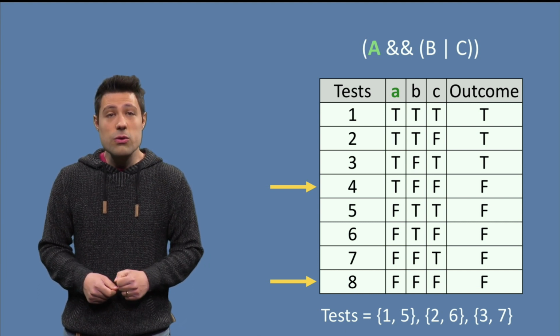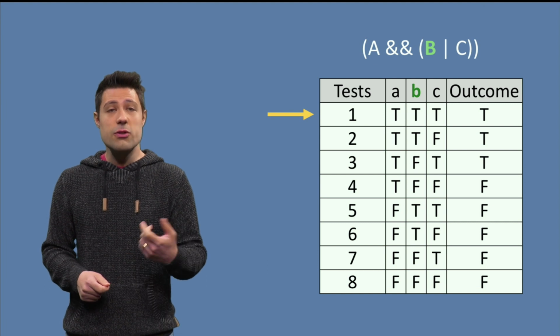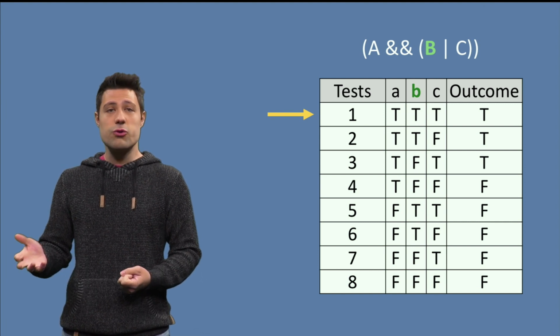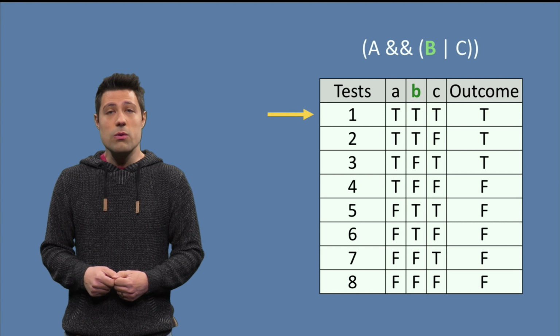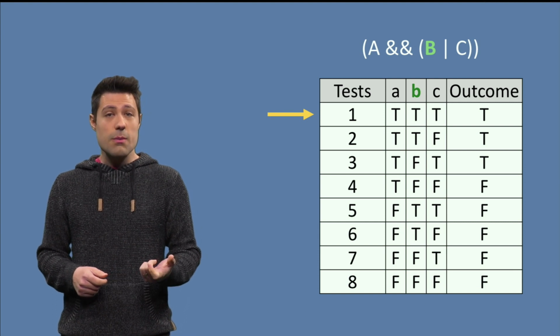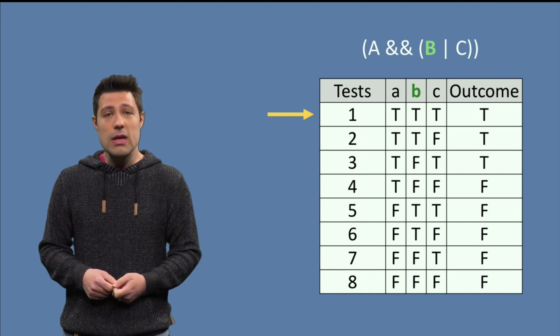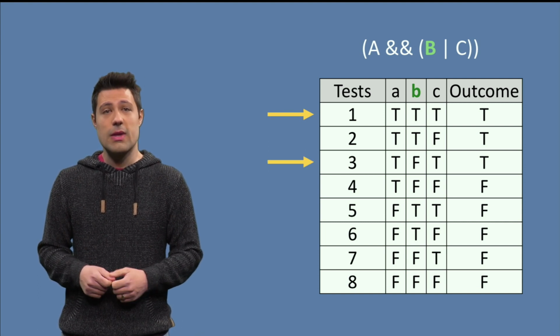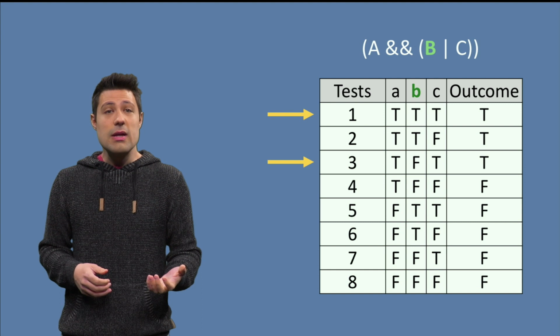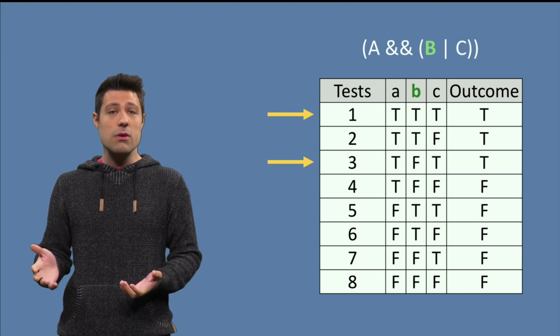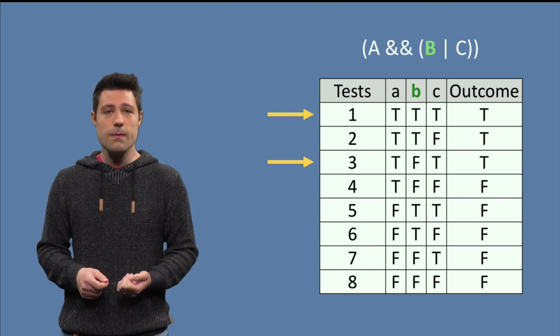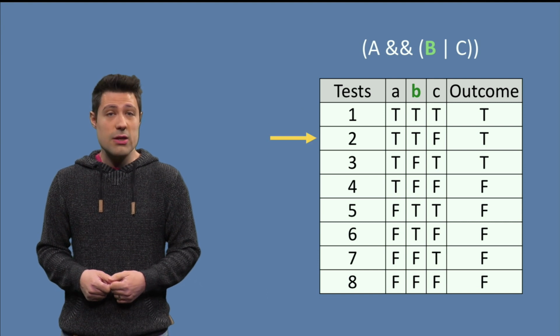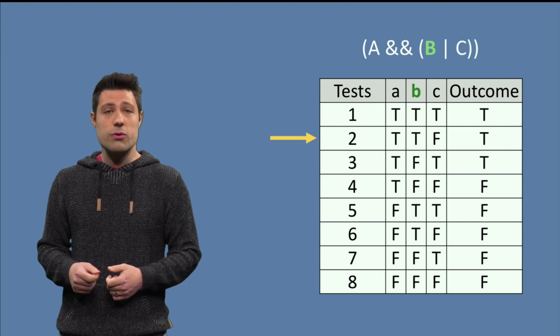Okay, let's go to condition B now. First row, B true, outcome true. Now we find the row where all the conditions are the same, but B is flipped, meaning true, false, true, which happens in row 3. As the outcome is the same, tests 1 and 3 are not that important for B. Now we move to the next row, true, true, false.